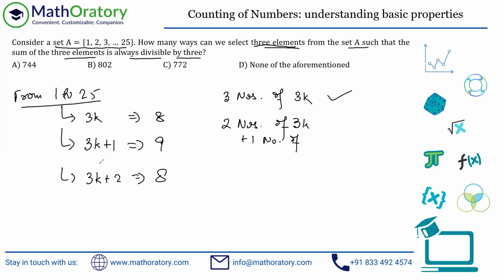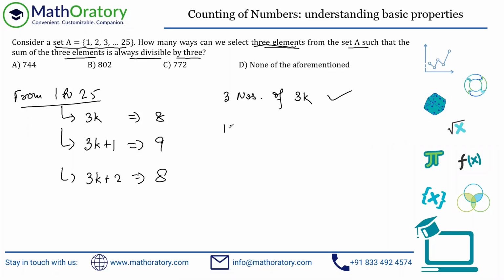You'll always have a certain remainder left when you divide by 3. So you can never have a multiple of 3 when you add 2 numbers of type 3K with one number of either 3K plus 1 type or 3K plus 2 type. This is not going to give you a sum which is a multiple of 3. So this is not going to work. So this is a cross. I'll just take this off to avoid clutter.